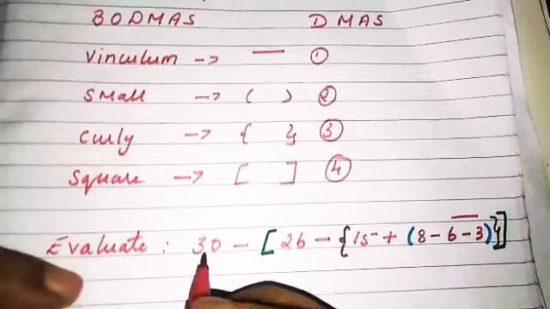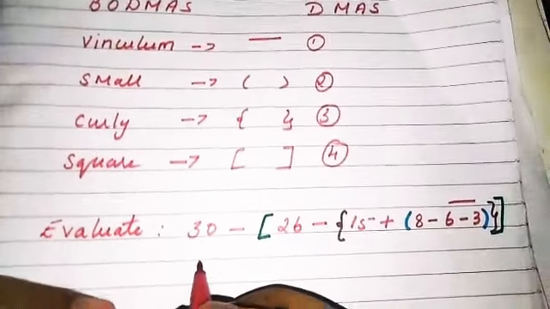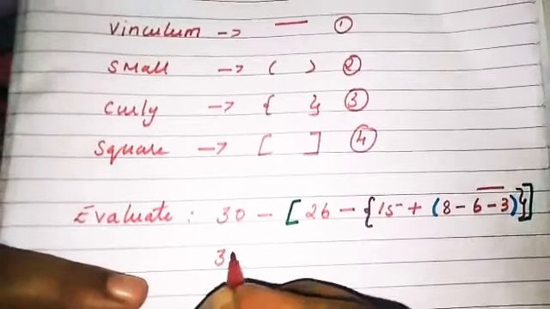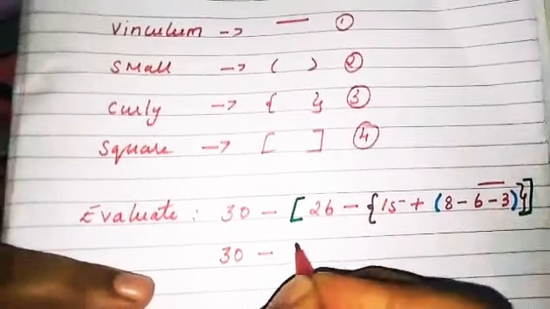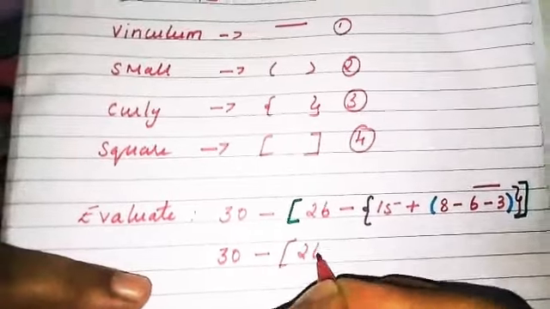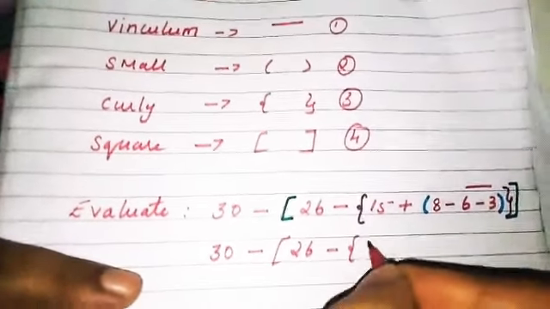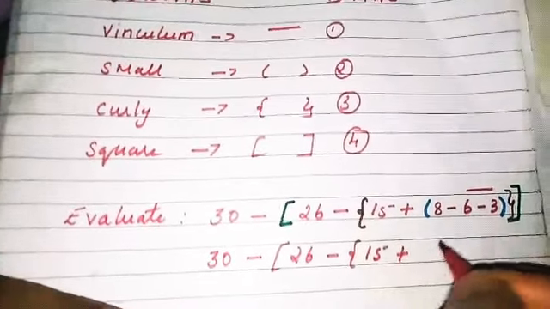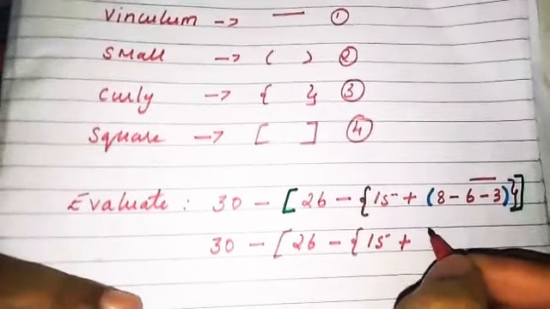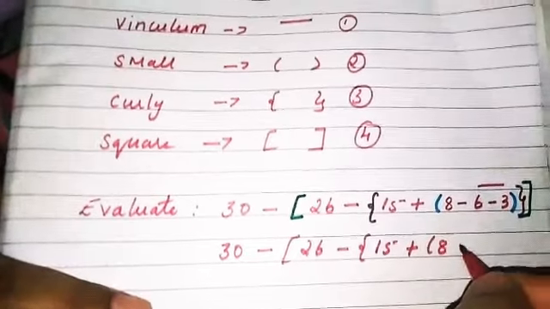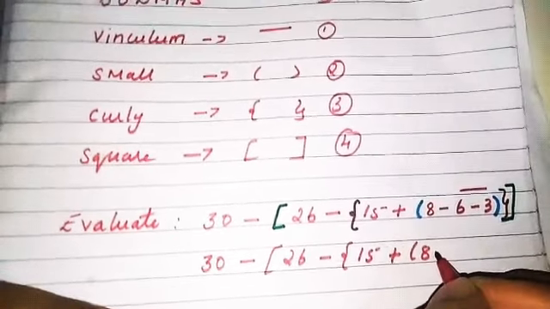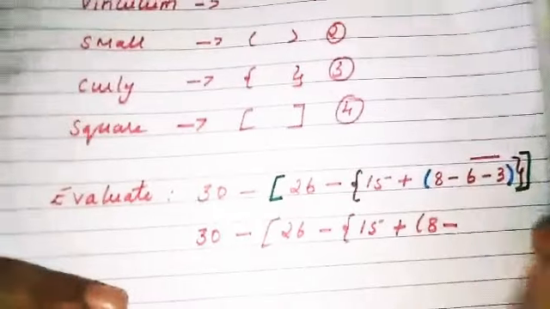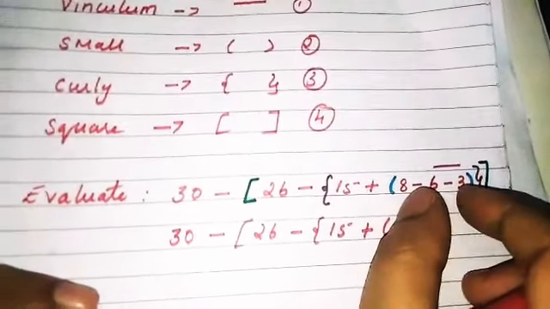For that purpose, we will write down the rest of the numbers of the equation as it is. So we'll write 30 minus, and jot down everything along with the signs, along with the brackets, along with the numbers as it is. Then first we simplify the one which is given inside the vinculum, that is 6 minus 3.